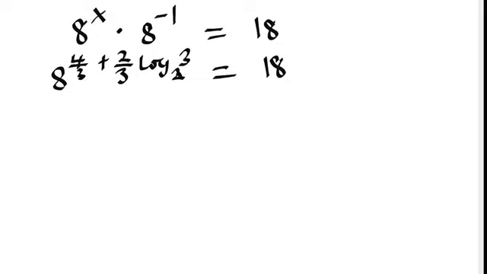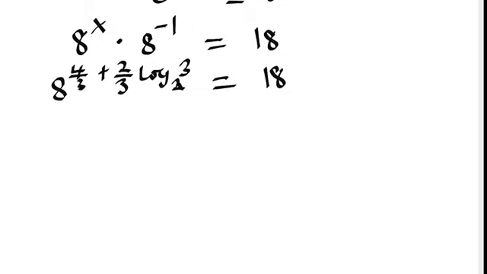So now we move on. We're going to have 8 to the power of 4 over 3 multiplied by, I've forgotten this one, 8 to the power of this one. 8 to the power of minus 1 we turn to 1 over 8. So we're going to have 1 over 8 here.